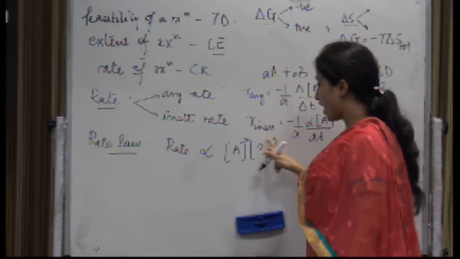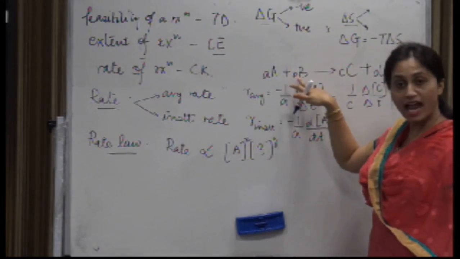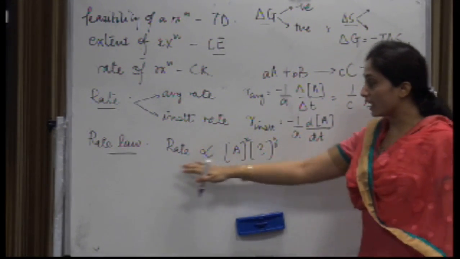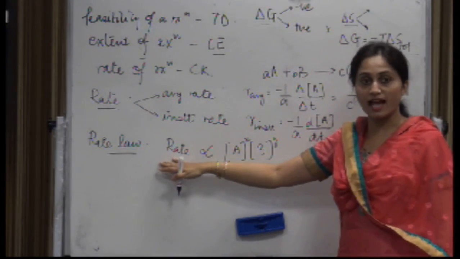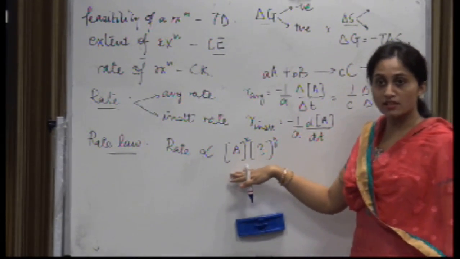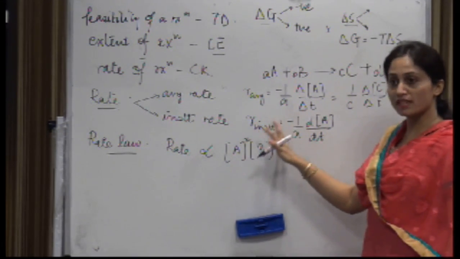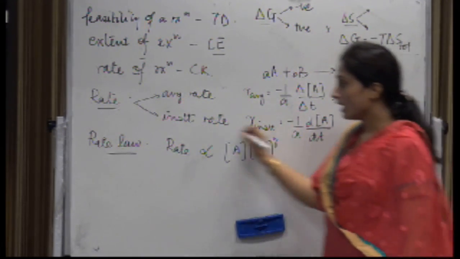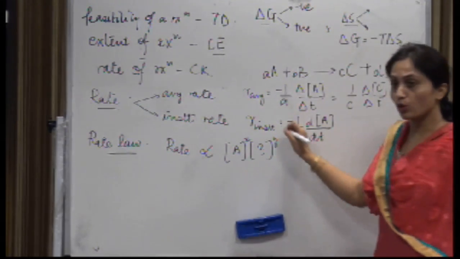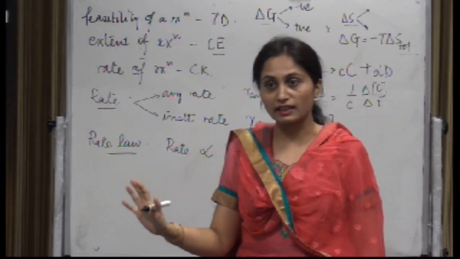It will not necessarily be your stoichiometric coefficients of A and B. So rate law states that your rate is directly proportional to the product of the effective concentration of each of the reactants, each raised to the power of some term. This is something that you get to know only through experiments. So it cannot be theoretically determined.